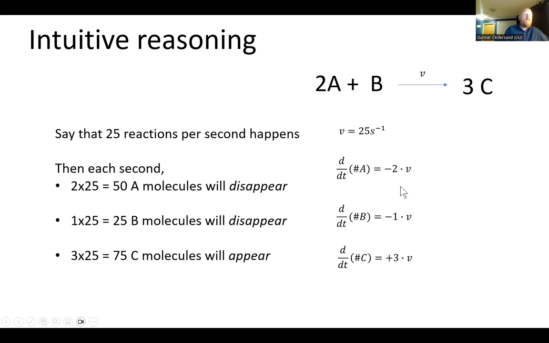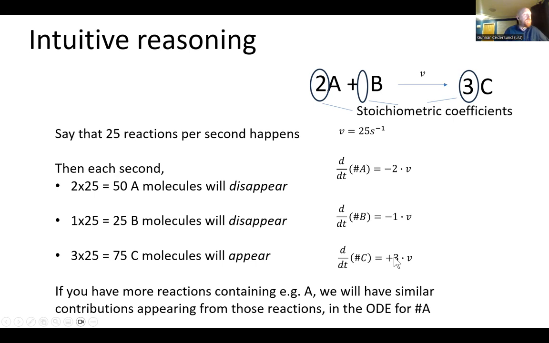As you notice, these numbers that stand in front of the species names in the reaction are important, and they are called stoichiometric coefficients. So we have 2, 1, and 3. It's also important to note that the 2 and the 1 appear with a minus sign, and the 3 appears with a plus sign when we form the differential equations.